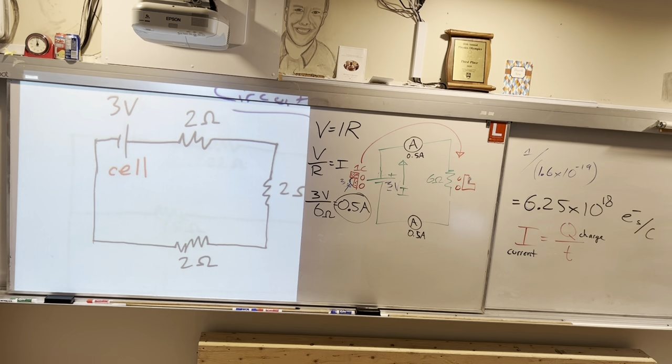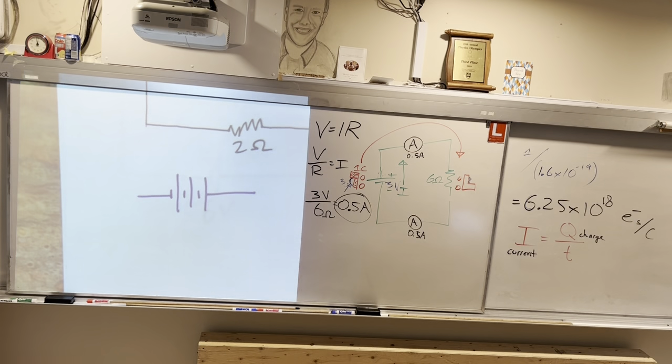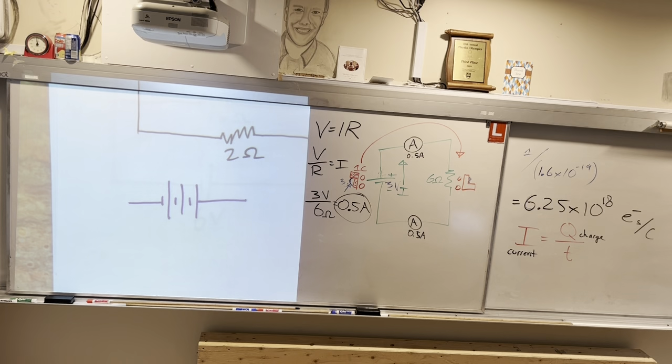So let's say you have a flashlight, which nobody has anymore because it's on your phone now, but if you have a flashlight and you have multiple cells in there, you would draw that like this. Let's say you had 3 cells. You would draw that like that. That would be a battery. That's a battery, yeah. And it's a battery of 3 cells. That is correct.